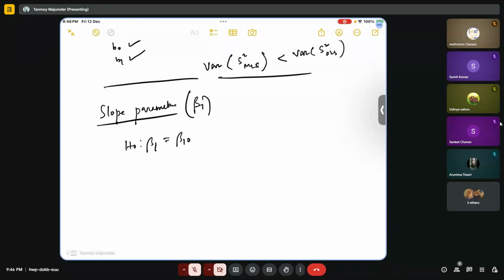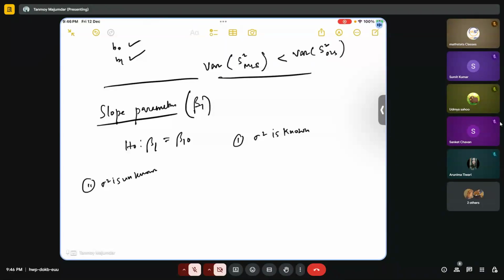There are two cases. One case is that sigma square is known. Another case is that sigma square is unknown. Why is it important? Because we have to understand this carefully.